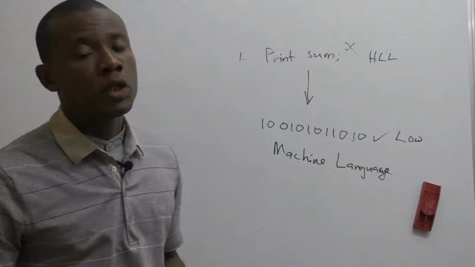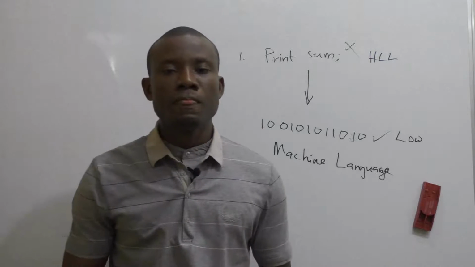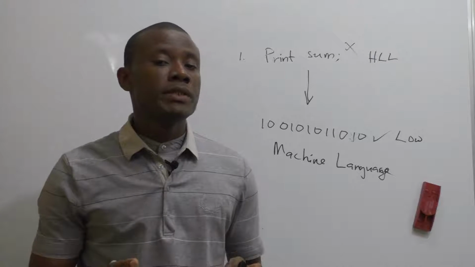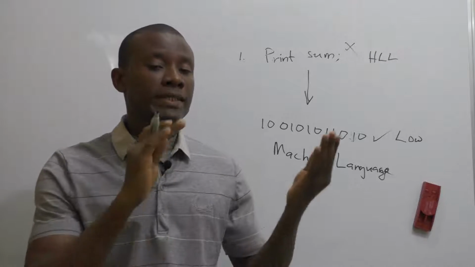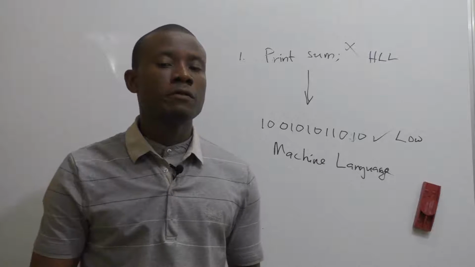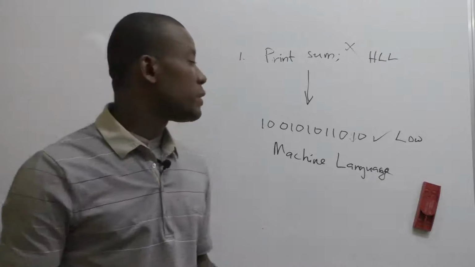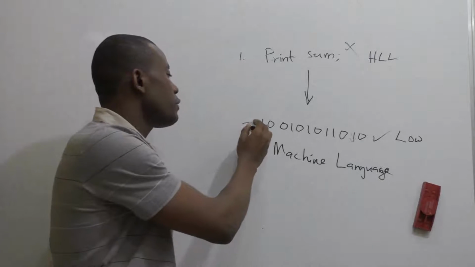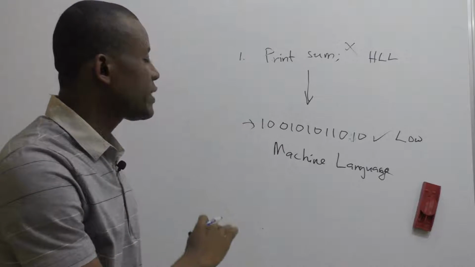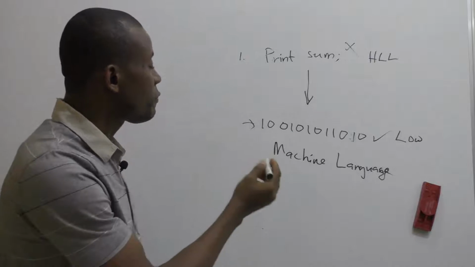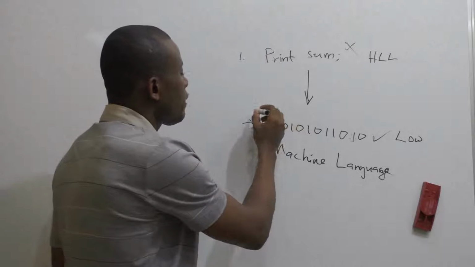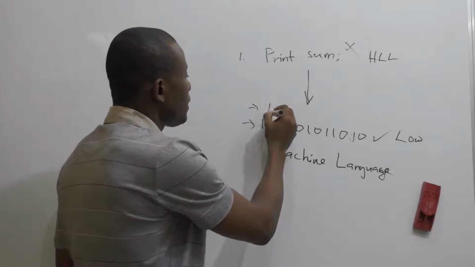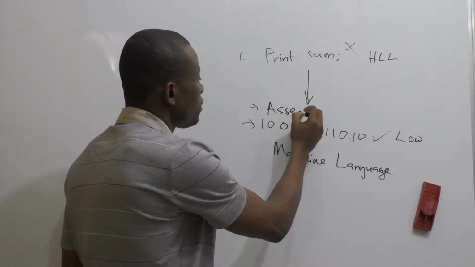Let's take the first one, compilation. Compilation means, in simple terms, converting a high-level language to a low-level language. And now we have discussed this binary language of the computer. That is the lowest level language, but there are other levels. We also have this assembly language.